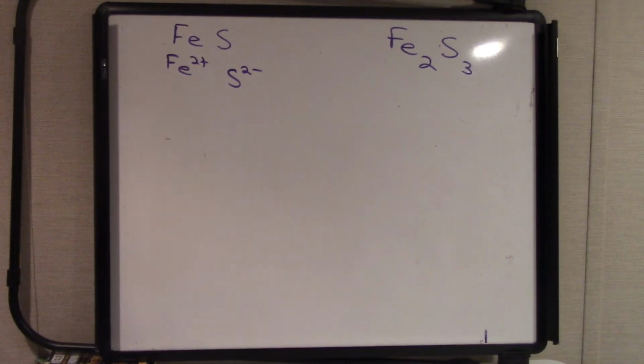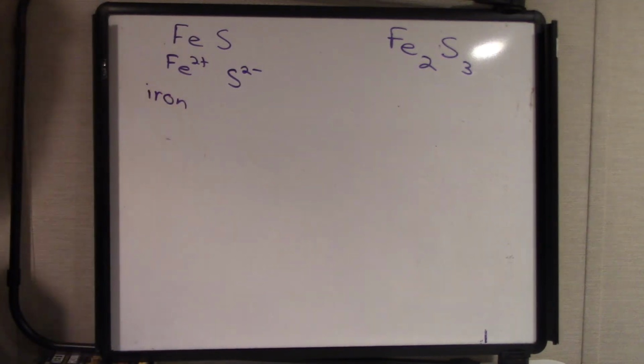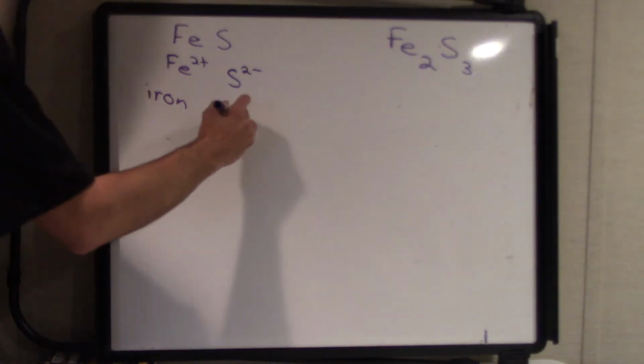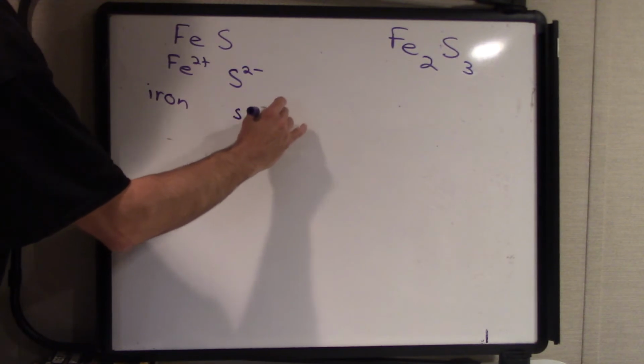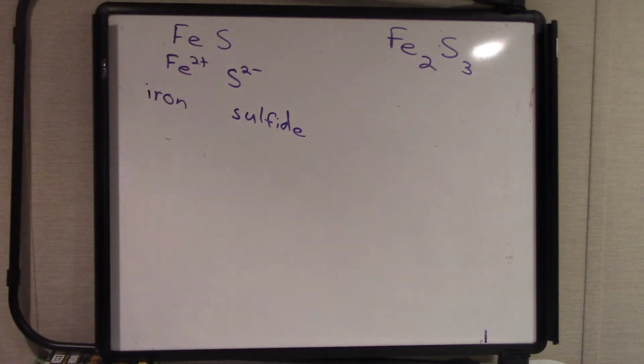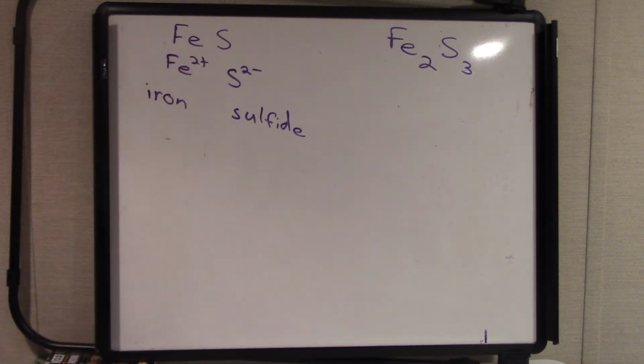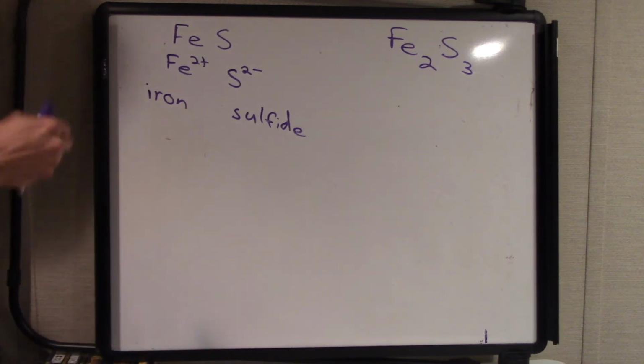So now I can name this compound on the left. Positive ion first, that's iron, keep the name of the element. Negative ion second, replace the ending with IDE, so the sulfur becomes sulfide. Because iron's a transition metal ion, I must use a Roman numeral to indicate the charge.